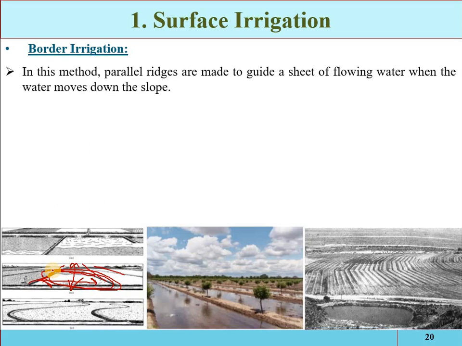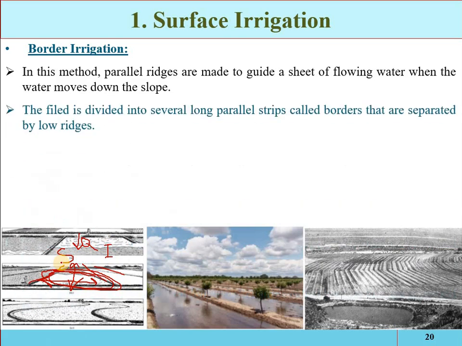As we have discussed, the length of the border will be from 100 to 300 meters, and that depends on the infiltration rate of the soil, the longitudinal slope of the land, and the size of the irrigation stream available, meaning how much discharge you can introduce and how much water is available for the individual border. So based on this, you have to select the length of the border.